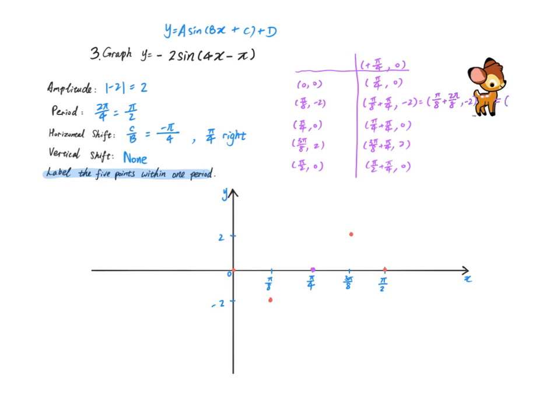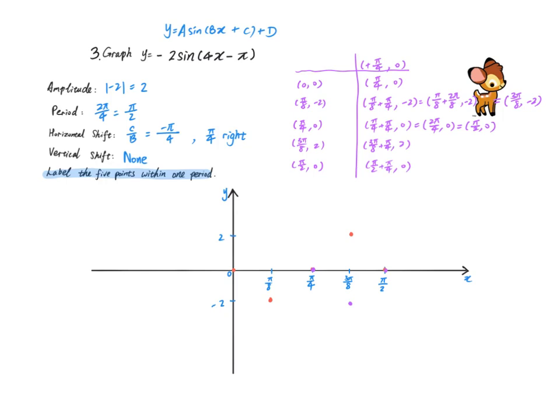So that simplified gives me 3 pi over 8 and negative 2. 3 pi over 8 and negative 2 is right here. Now we are going to continue. Pi over 4 plus pi over 4 gives me 2 pi over 4 and 0. Make sure to simplify that, which is pi over 2 and 0. Pi over 2 and 0, back to the center.